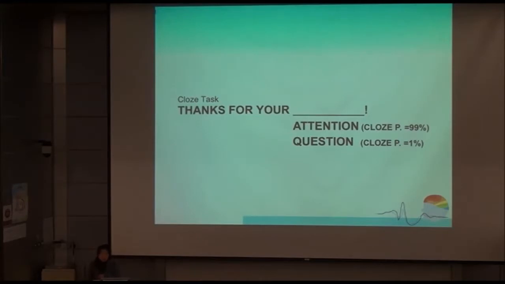Okay, so our speculation is that the N1, as I mentioned, is mainly about attentional allocation. There's an old model called the logogen model. That means before lexical access, each word has a resting state before it can be retrieved.